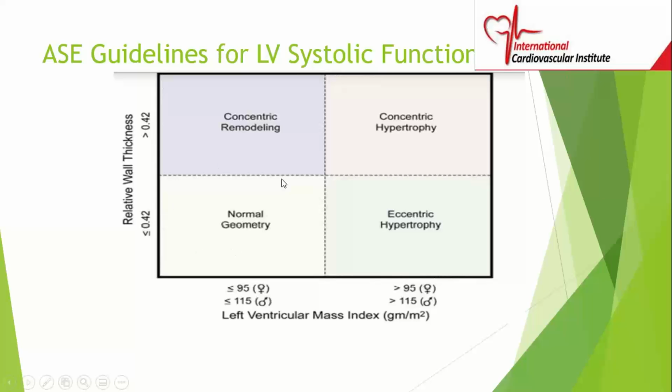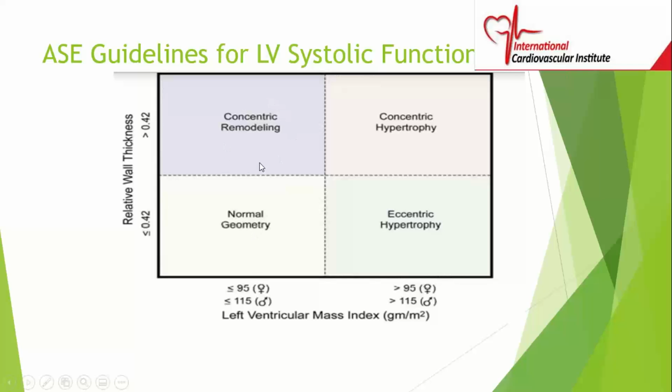So they will be in this quadrant of this rectangle. So for normal geometry, they'll have a mass index, female less than or equal to 95, males less than or equal to 115, and relative wall thickness less than or equal to 0.42.